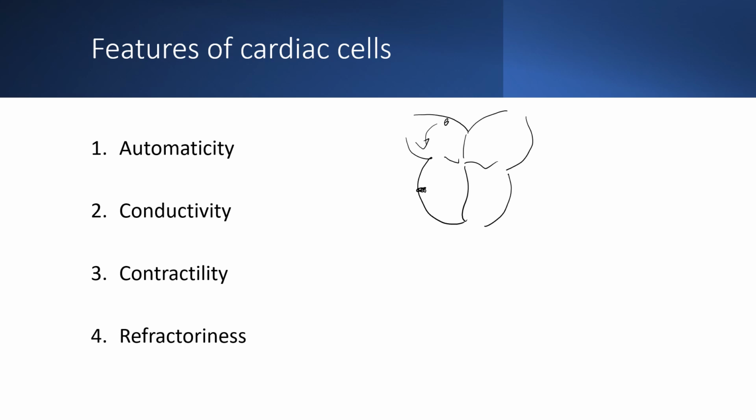So the 4 features are automaticity, the ability to generate an electrical impulse spontaneously; conductivity, which some textbooks call excitability, the ability of the myocardial cell to respond to a stimulus by the pacemaker, so we already discussed that before, SA node to AV bundle, and then Purkinje fibers, to contract and conduct; and then refractoriness.